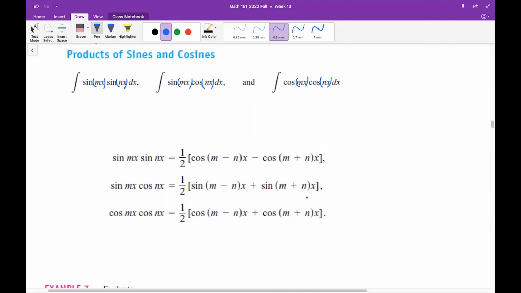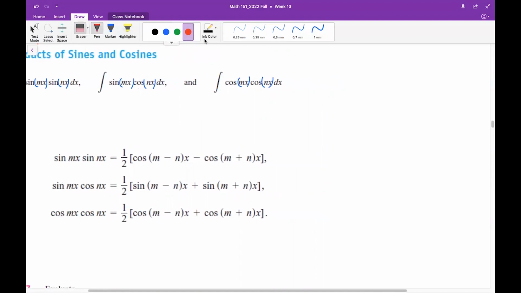You know, we have these formulas for sine times sine, cosine times cosine, or sine times cosine. How do we obtain these formulas? Let me put a recall for you. I think you remember them from high school. So what is the formula for cosine of a plus b x?